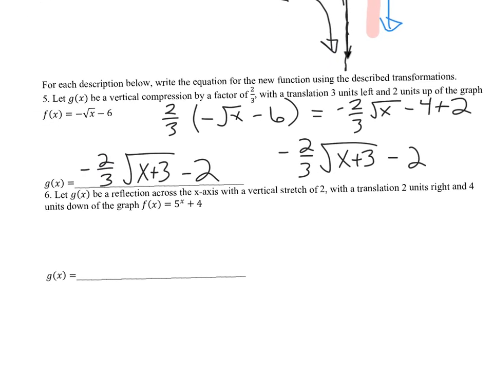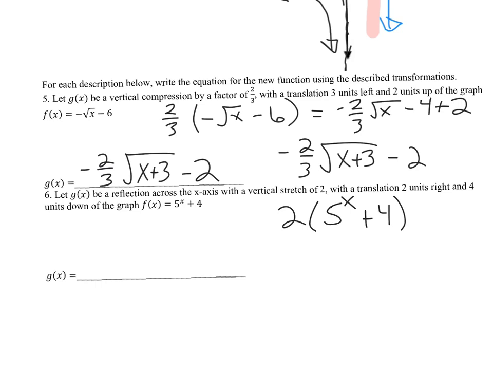Let's take a look at the next one. It says here that we've got this f of x right here, and we're going to do a vertical stretch of 2 with a translation 2 units right and 4 units down. So let me see here. I got 5 to the x plus 4. We're going to multiply by 2, okay?